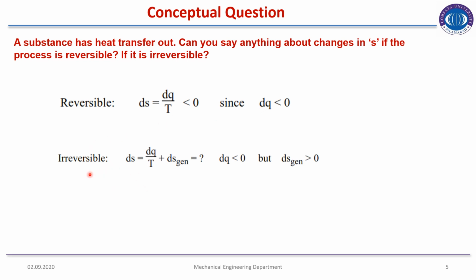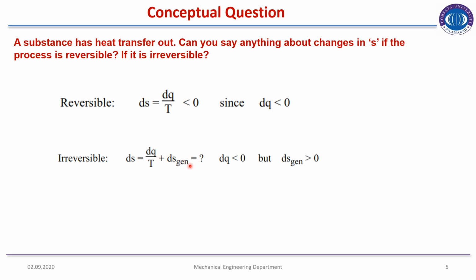For an irreversible process, the change of entropy of the system is entropy transfer plus entropy generation. So dS is equal to dQ by T plus dS gen. As dQ is less than 0, but dS gen will be greater than 0.